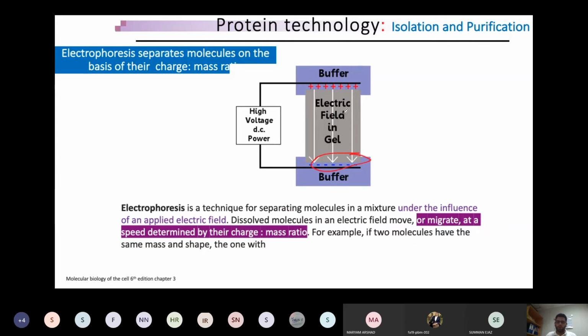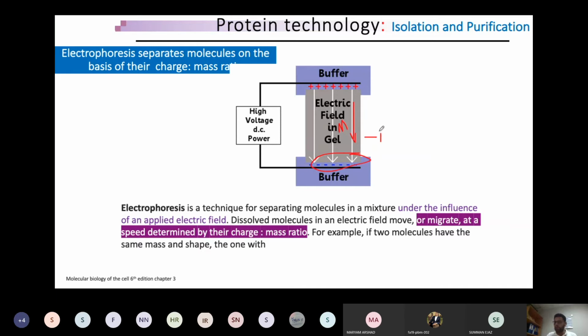Those molecules will try to move quickly, and of course this will be affected by something called mass. Now, it could be possible all these proteins have one negative charge. So if all these proteins have one negative charge, there is no preference for the cathode.